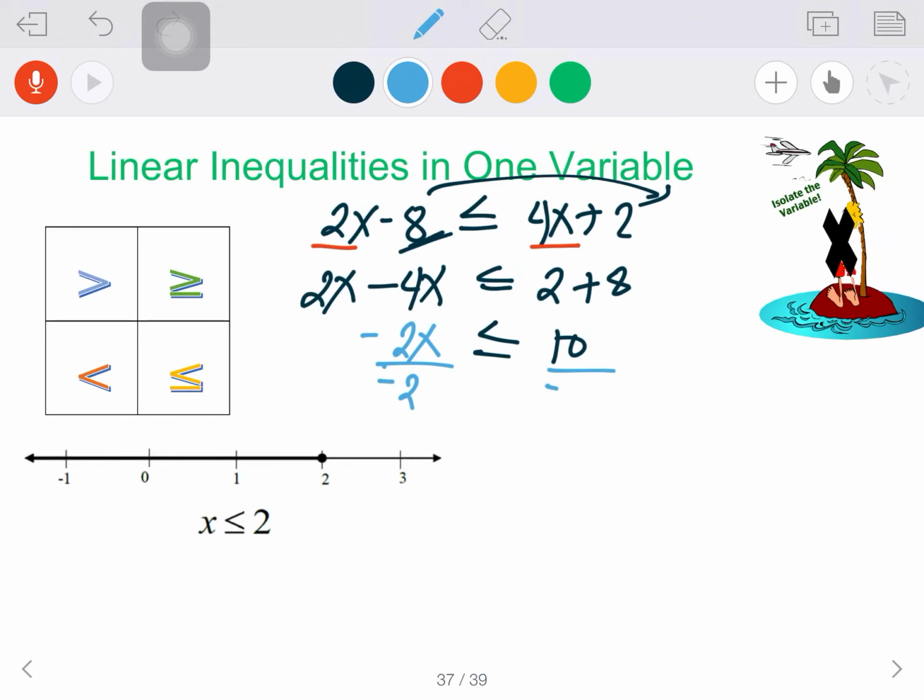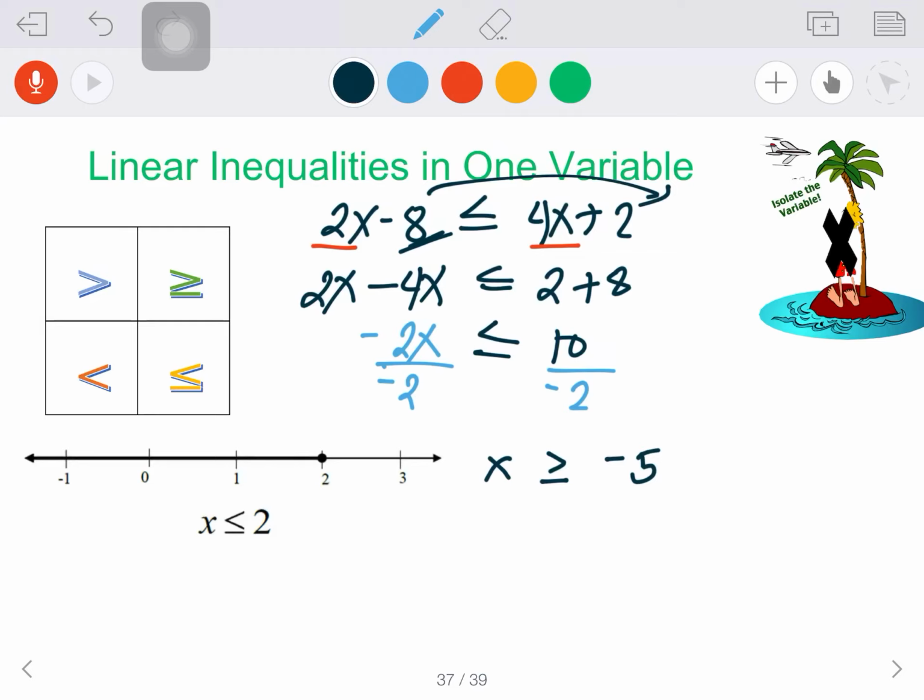Here, you also have to divide by negative 2. Now, this is something that you have to remember if you're dividing negative numbers and you are dealing with inequalities, because the rule says you have to change the sense. So in this case, it's less than or equal to. This will become now greater than or equal to negative 5.